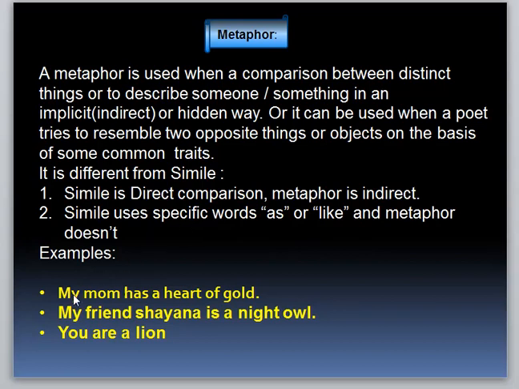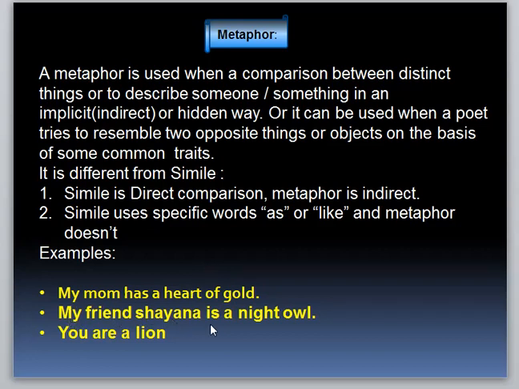For example, my mom has a heart of gold. That means the mom's heart is compared with the purity of gold, right? Like how gold is pure, the same way my mom has a heart full of pure love.